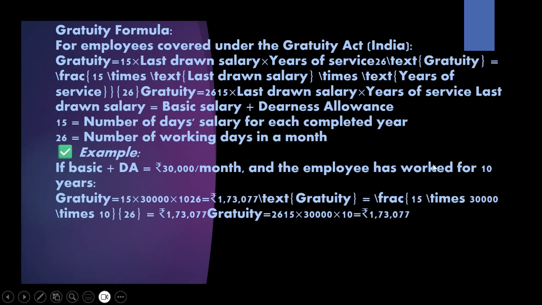And 15 into 30,000 and into 10 by 26. Number of days salary for each completed year is 15 days, because we take 15 days for one year, and 15 into 10 years, and 26 days we consider as one month. Basic plus DA is 30,000 per month.